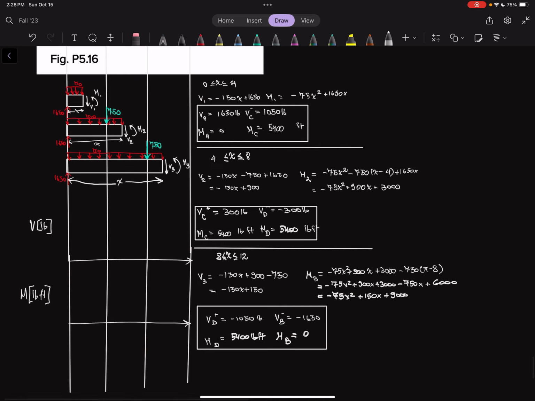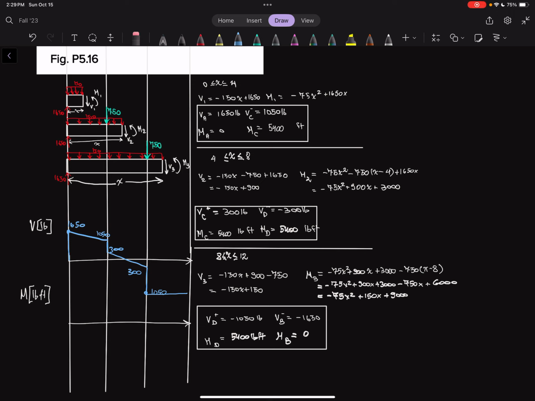And let's see, we start from positive 1650 right here, and we go down to 1050, 1650, 1050, and then we go to 300, and then we go to negative 300. So 300 negative, don't put the negatives, they don't like that. And then shear goes down to 1050, and then goes here.